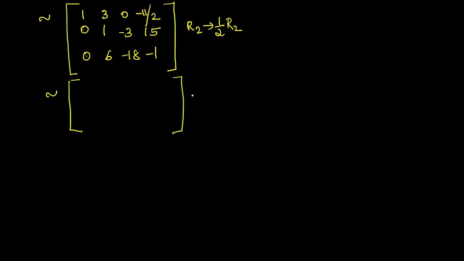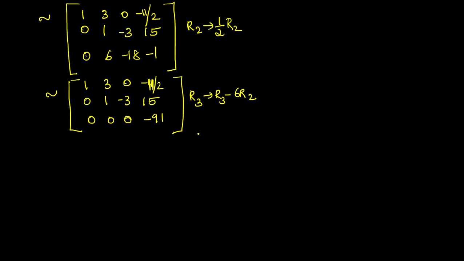For that, use the row transformation R3 gives R3 minus 6R2. This is the simplified matrix, and we can see that there are 3 non-zero rows.